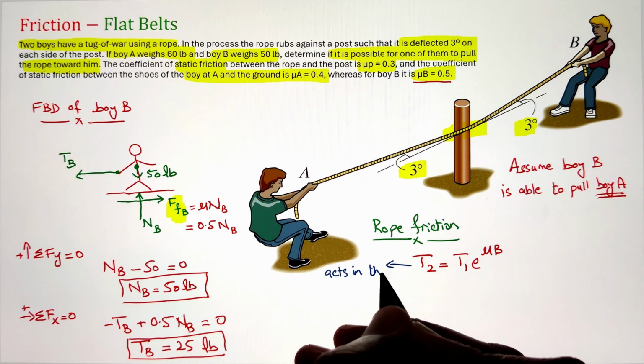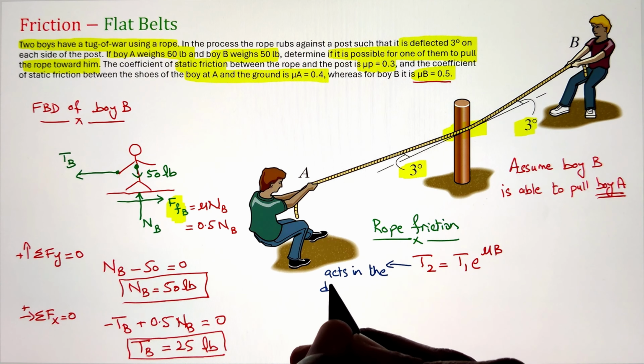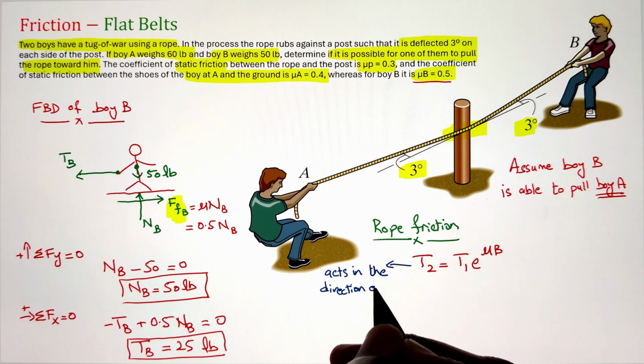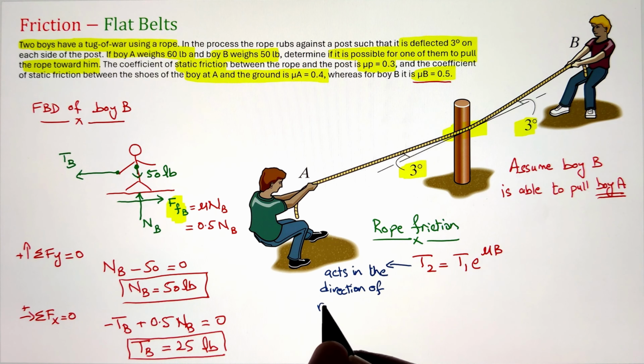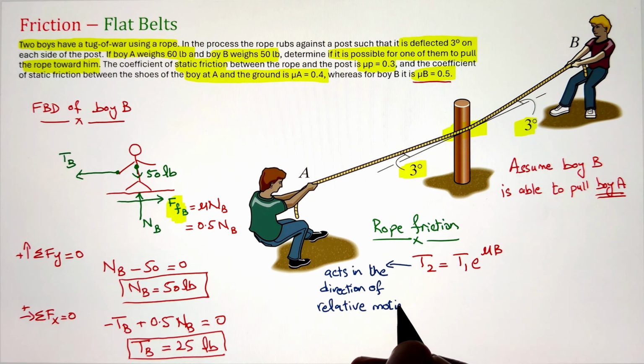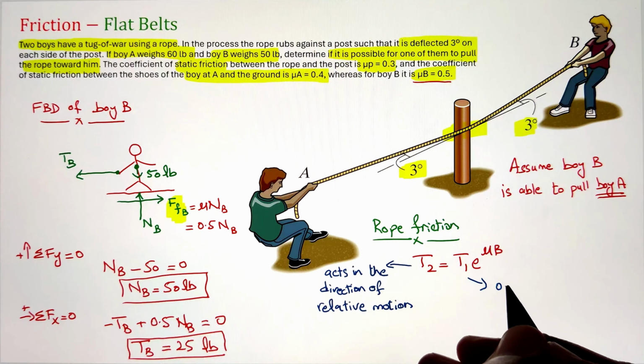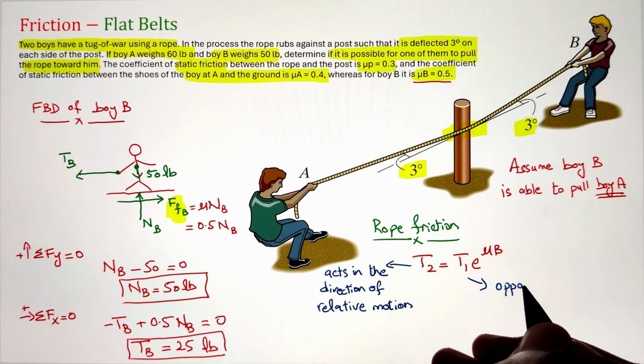Here, T2 represents the tension in the rope that acts in the direction of the intended motion, whereas T1 is the tension in the rope acting in the direction that is opposing the motion. So we have to figure these values out.